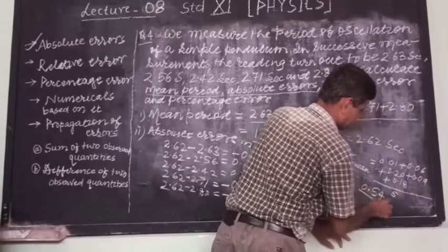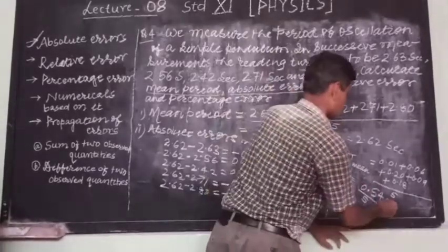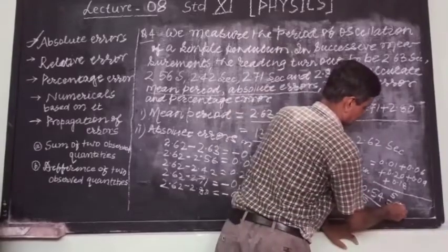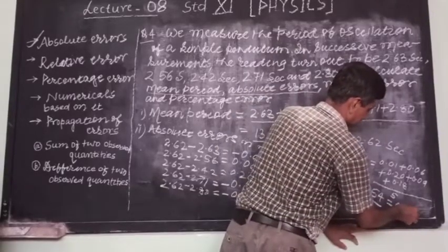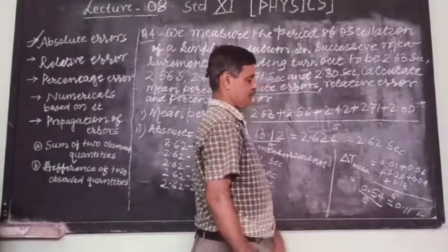This divided by 5. We can write 0.11 second approximately.